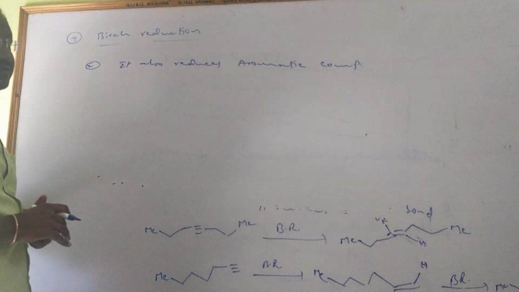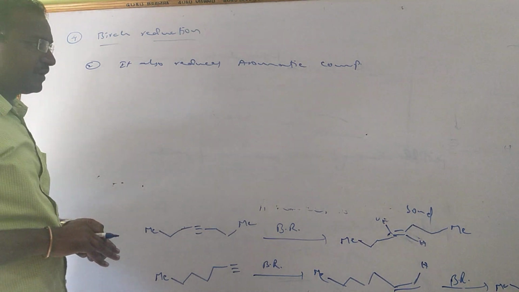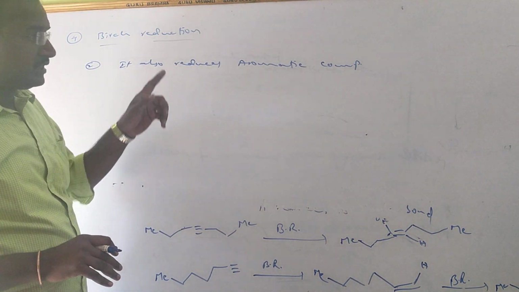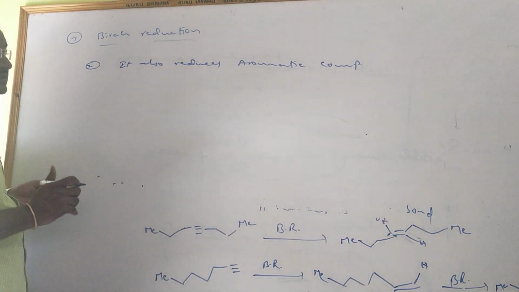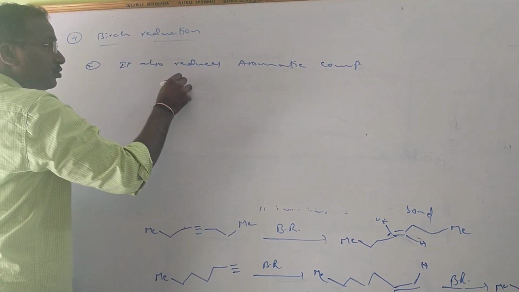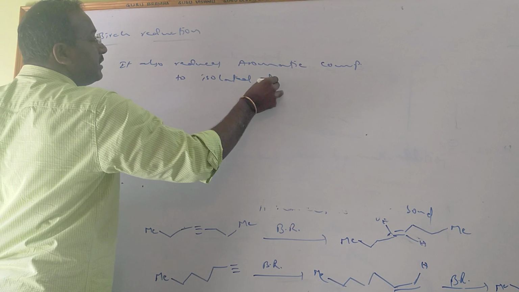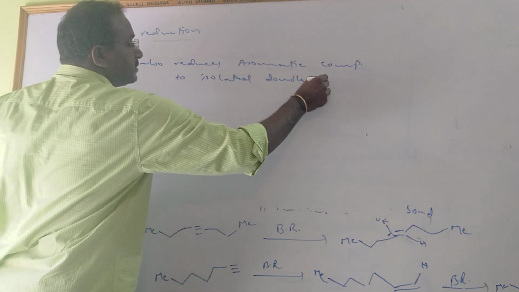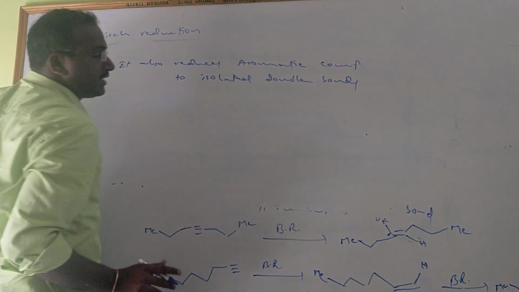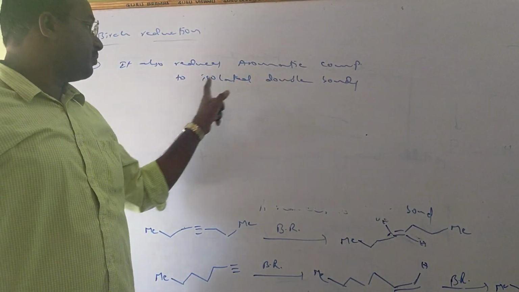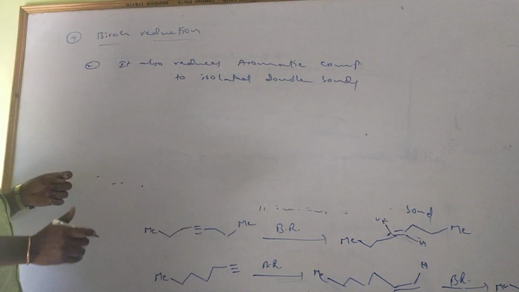Very, very important. Previous examinations have had this reaction. You can check previous papers. It was there in those papers. So please see, it also reduces aromatic compounds to compounds with isolated double bonds. How? Let me see one example.